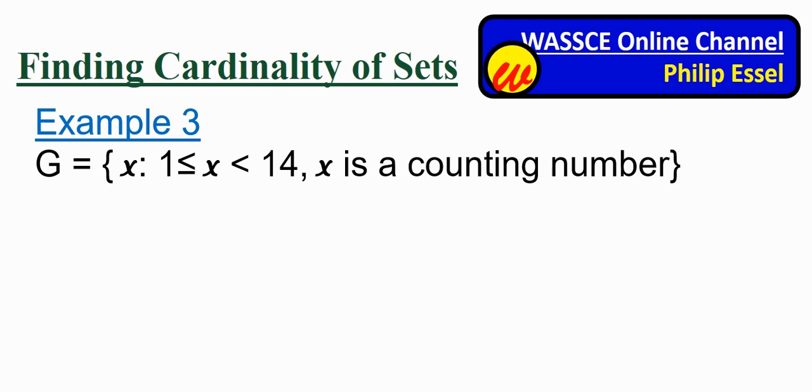So it will be appropriate for us to first convert it to the listing format and use that to derive our cardinality of the set G. And as you can see from the set builder notation of the set G, you realize that all the members of the set G are counting numbers, and they are greater than or equals to 1, and they are also less than 14.